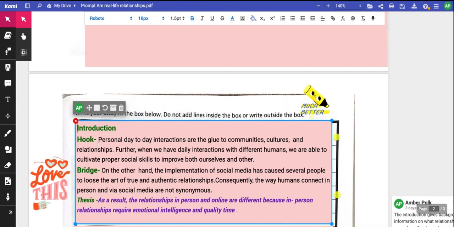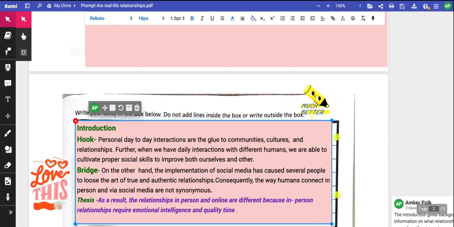I'm just going to only read the first sentence of my hook because I don't want to waste time reading something you can already see. Personal day-to-day interactions are the glue to communities, cultures, and relationships. Notice here in my introduction, I don't necessarily belabor on and on and on. I give a very specific, clear, and concise detail on why interactions in the day-to-day life are important.